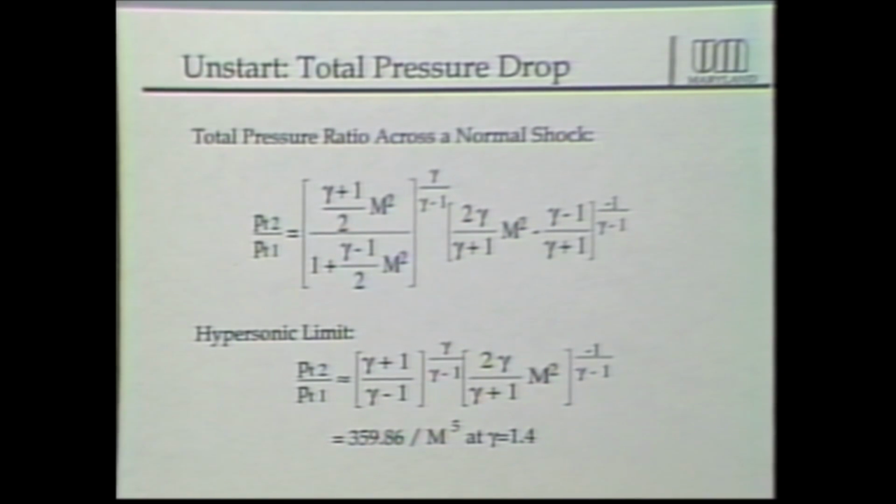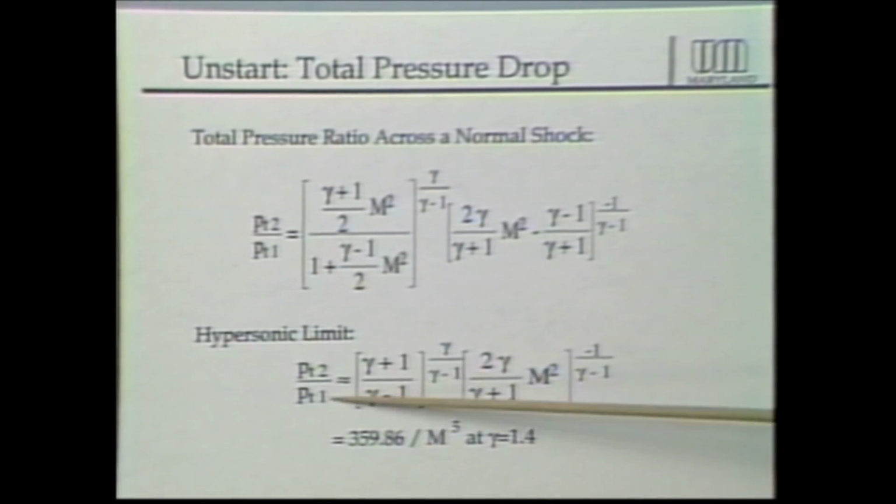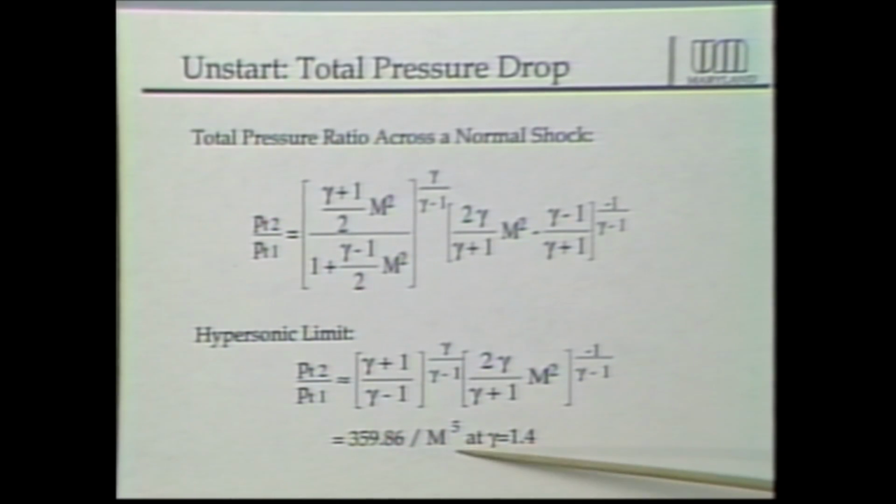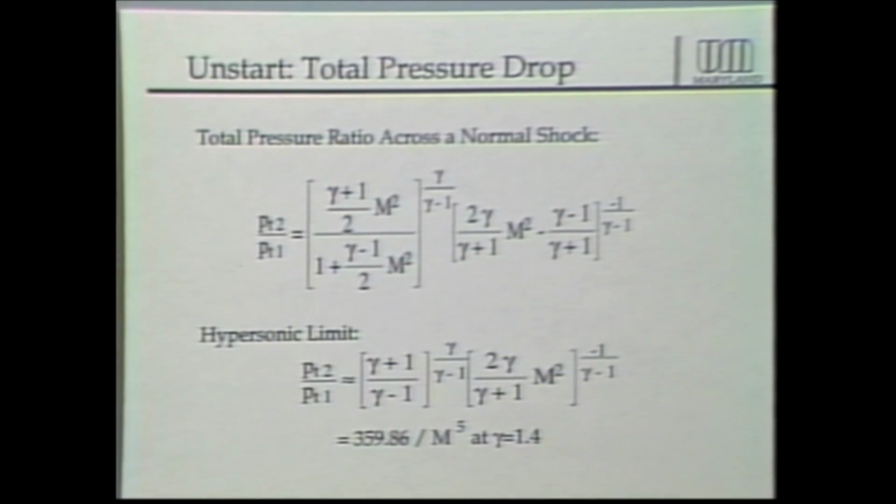In the hypersonic limit, the total pressure ratio across the engine scales inversely with the fifth power of Mach number at gamma 1.4. So it is extremely sensitive to Mach number. Think about what happens then if we go from a weak oblique shock and suddenly form a normal shock. Think about what's going to happen to the total pressure inside the engine. It's going to drop way down, and the engine performance will become nil.